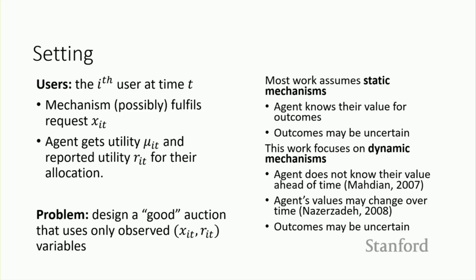So the mechanism now needs to be dynamic in a setting where the agent can't know the value ahead of time, and the value might change over time based on context. In addition, outcomes may be uncertain in various ways. So as you might imagine, this is a challenging problem and somewhat distinct from what we've covered today in terms of existing standard mechanism settings.